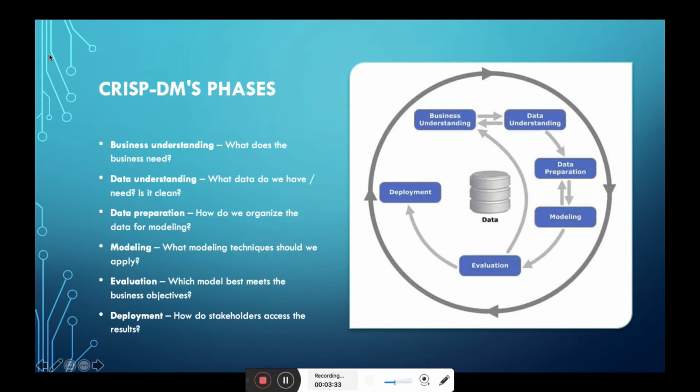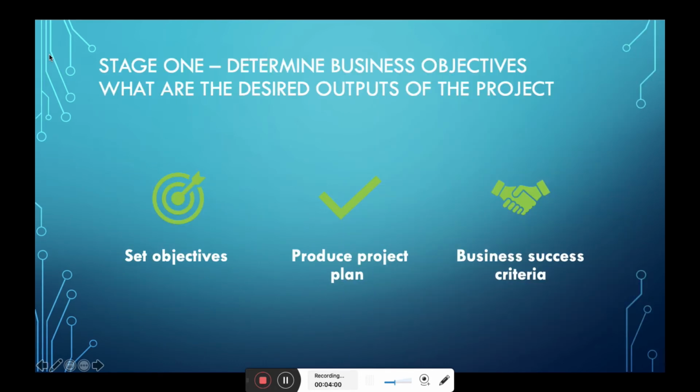Stage 5, evaluating, wherein we will determine which model is the best fit to get those outputs and can meet the business objectives or expectations. And last but not the least would be deployment. Here we will talk about how stakeholders access the result. Now we will straight away jump into stage 1, which is today's agenda.